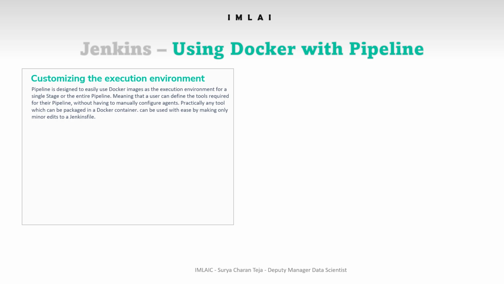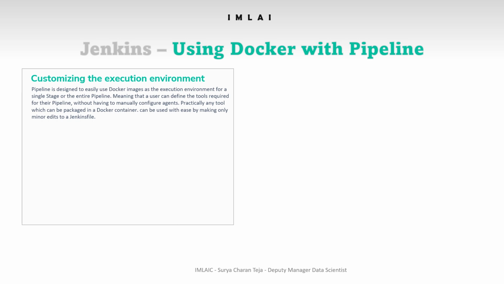So this is our first example: customizing the execution environment. Pipeline is designed to easily use Docker images as the execution environment for a single stage or the entire pipeline. Meaning that a user can define the tools required for their pipeline without having to manually configure agents.